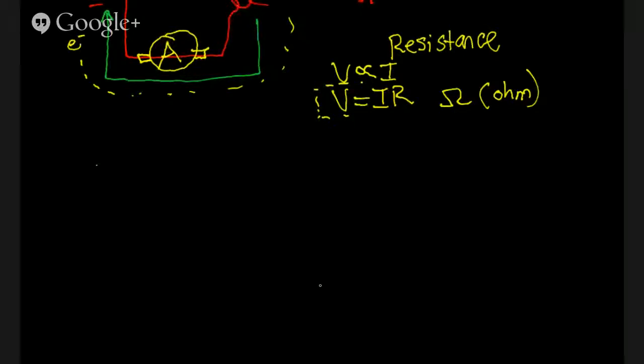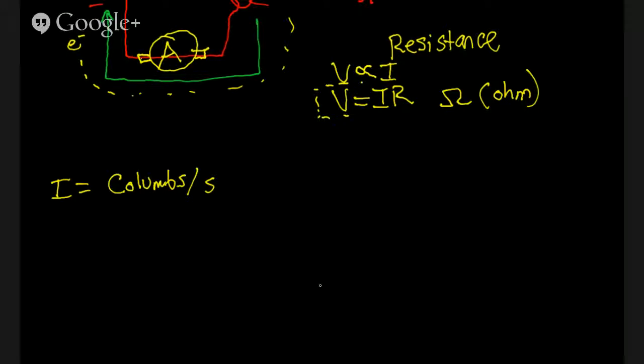So current, the technical definition is how many coulombs per second are flowing through our circuit. Actually, we're not going to use A, we're going to use I. Coulombs per second. What is a coulomb? A coulomb is an arbitrary number of electrons.